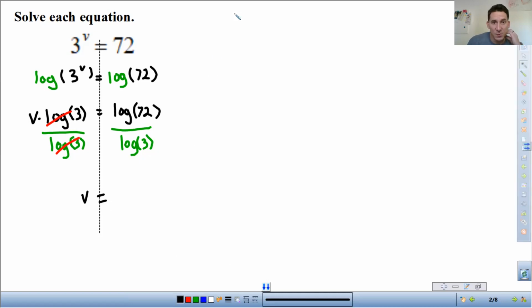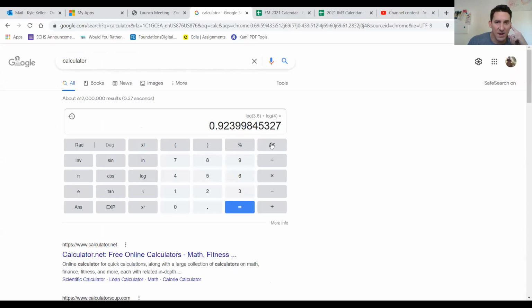Let me switch over to a calculator. So put this into a calculator. Log of 72 divided by the log of 3 is equal to 3.892, rounded up, 3.893.